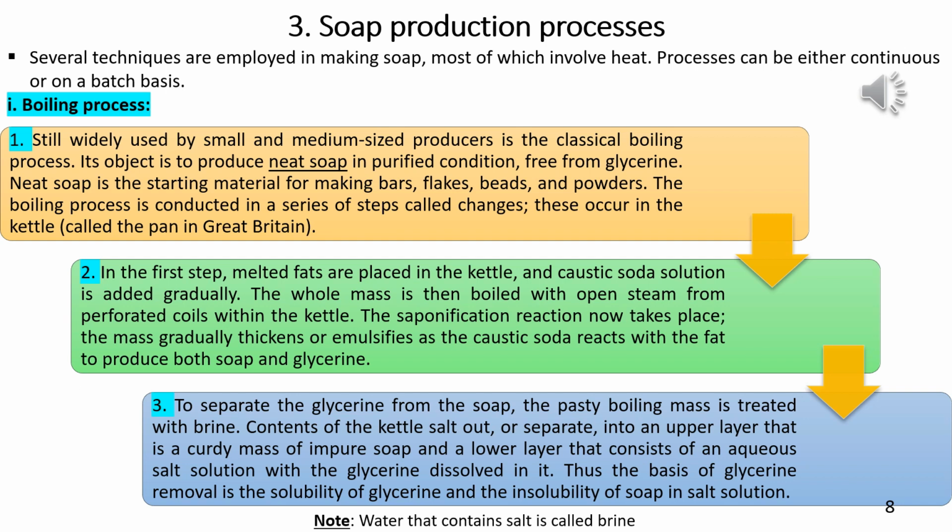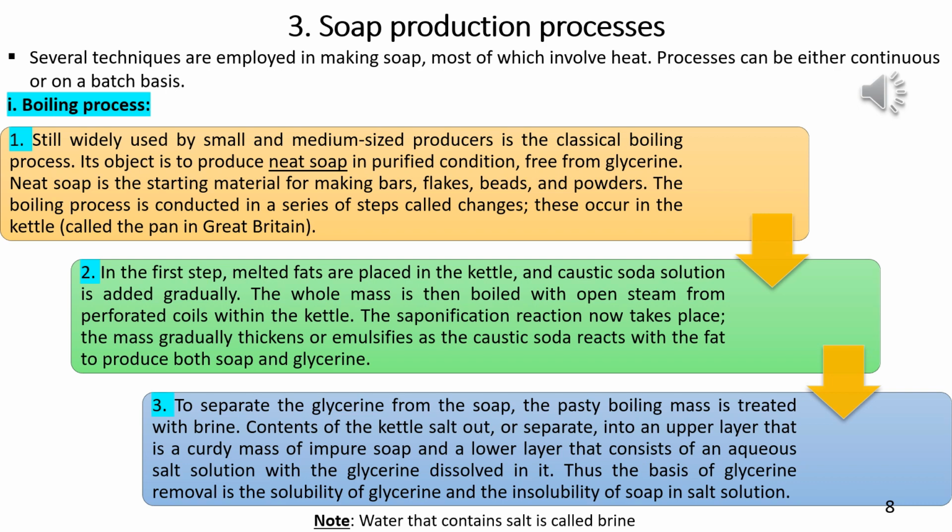So in the first step, the melted fats are placed in the kettle. When the melted fats are placed in the kettle, we slowly add the caustic soda solution into this. After this, the whole mass is boiled by steam, or we can place perforated coils in the kettle to boil this mass.